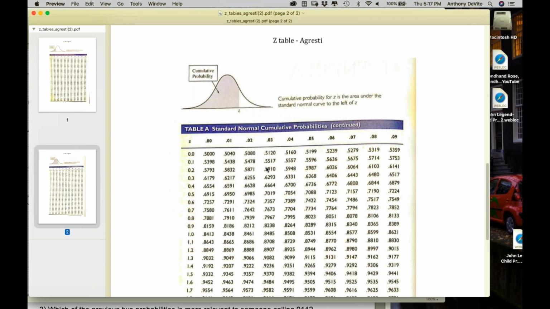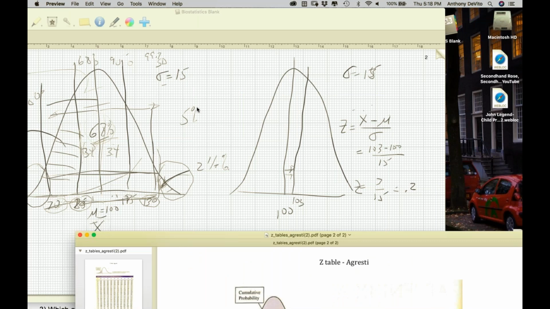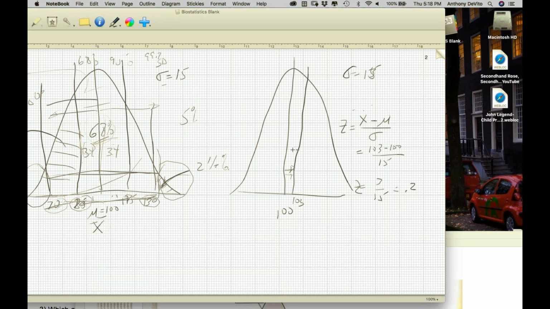So it's 0.2. If it was 0.27, we would be looking for this number right here. If it's just 0.20, it's 57.93. For our purposes today, I'm going to abbreviate that 58%, right? 0.58. So this says that we know this area from 103 down is 58%, really 57, whatever it is.